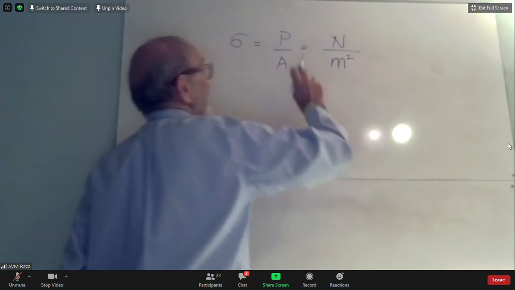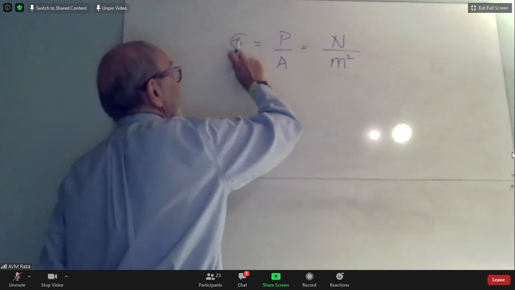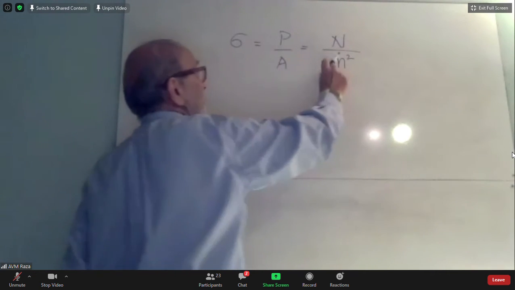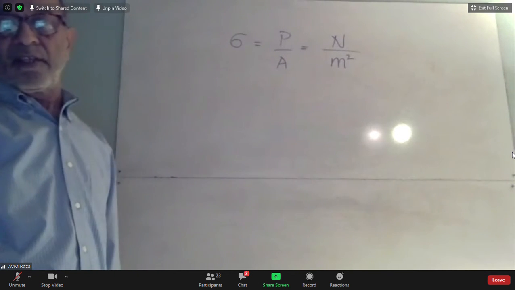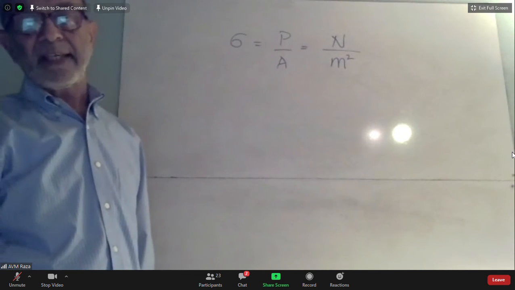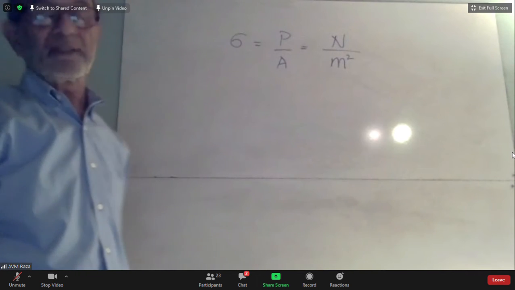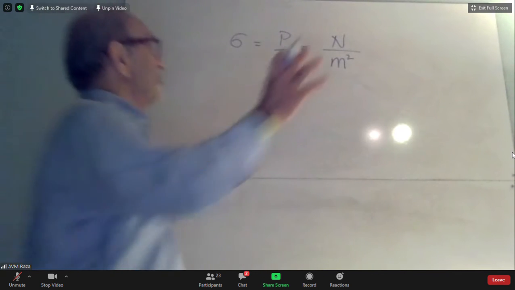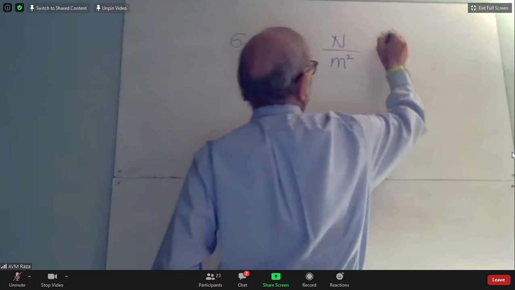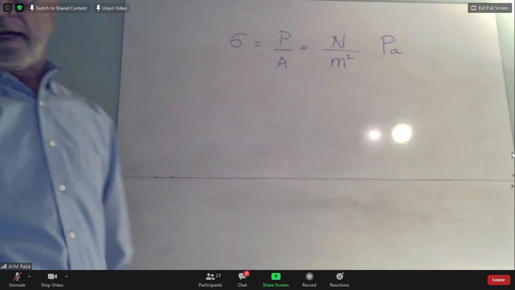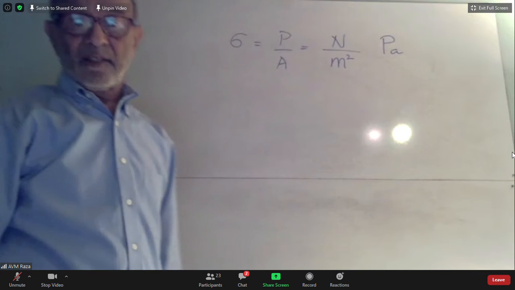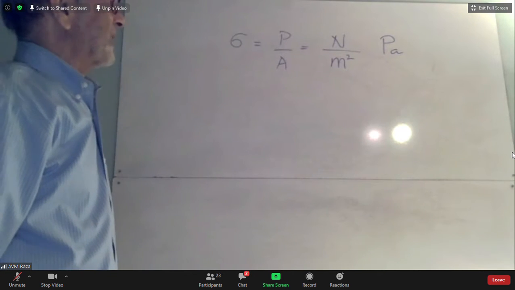So really, the units of sigma are newton per meter squared. To honor Pascal, a French scientist and physicist who initially worked on this, this unit is called a pascal, written in short as uppercase P, lowercase a, Pa.